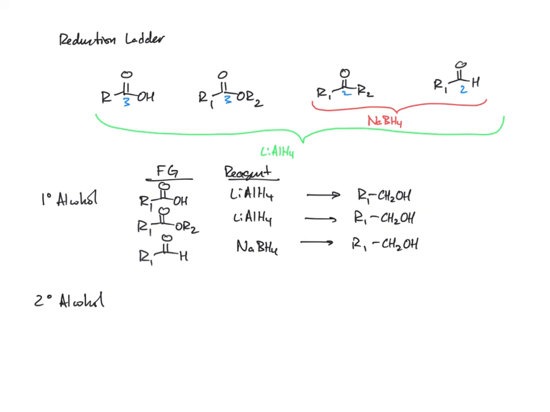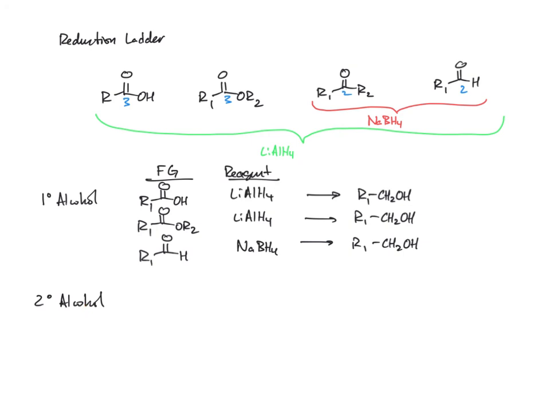So again, oxidation states 3, strong reducing agent, 2-stage reduction, you get a primary alcohol. So we fall under this regime here. Oxidation state 2, 1-stage reductant, primary alcohol.